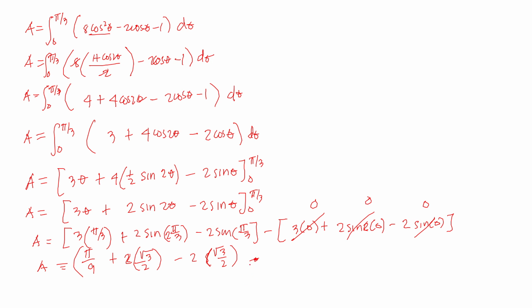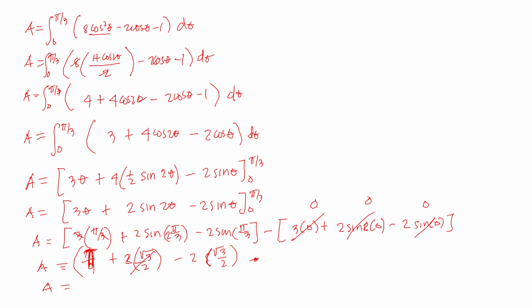So the remaining one is area is equal to 3 times pi over 3, which is pi.